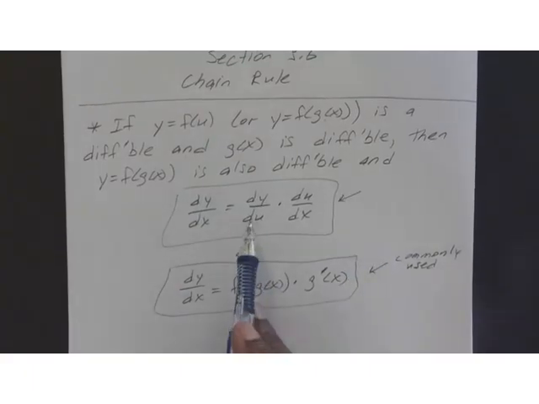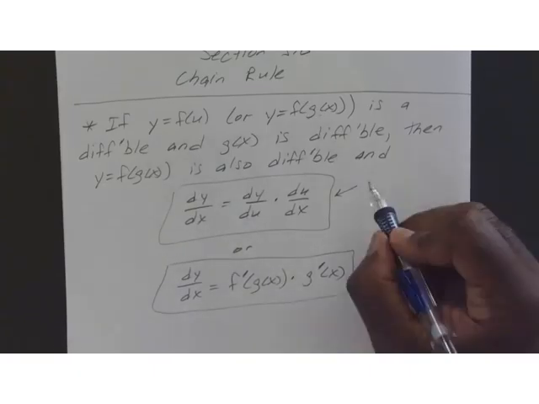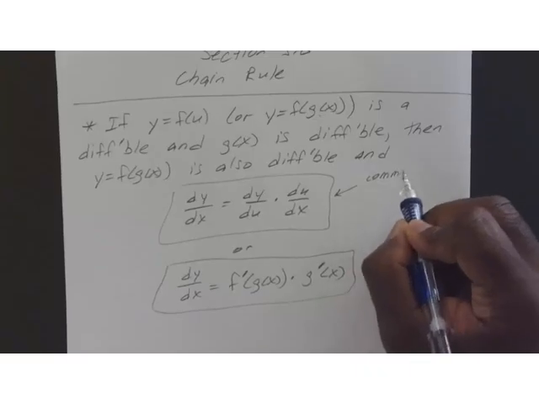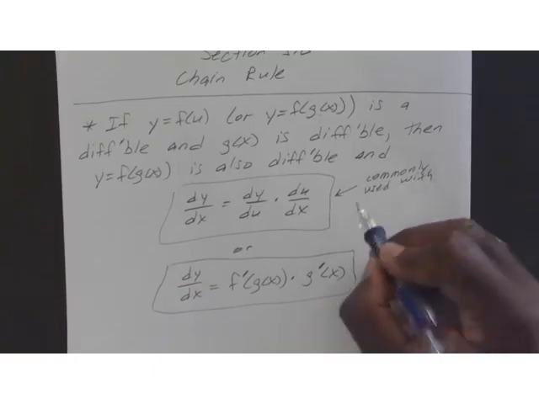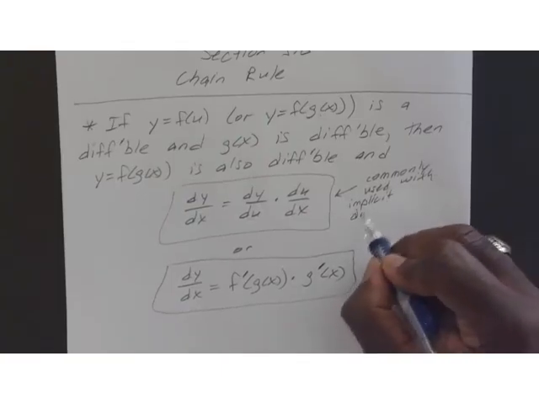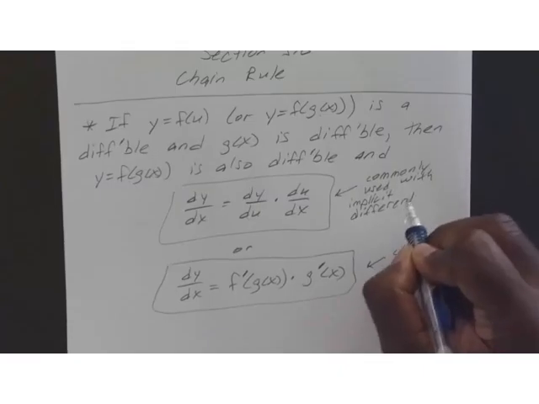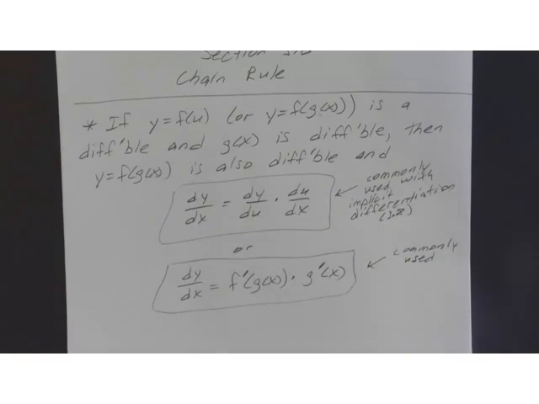But you can use either, but just in general, as far as which method is easiest, this one you would use more with implicit differentiation. And we cover that in section 3.8.